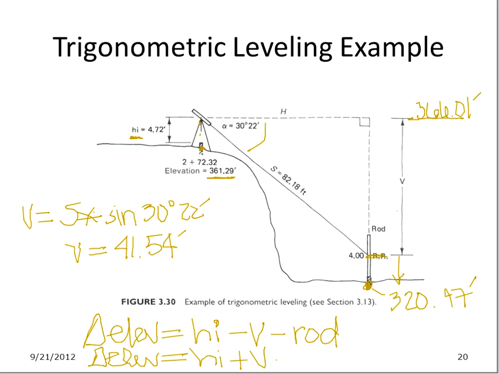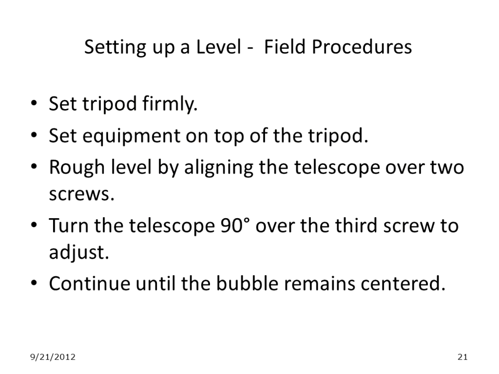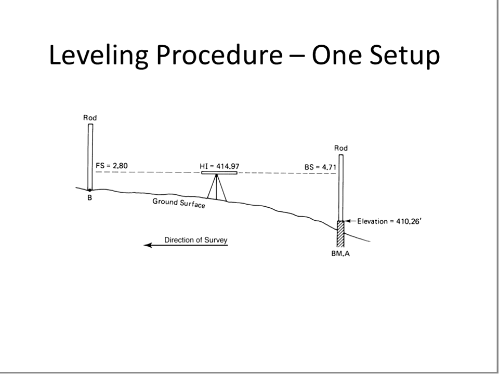It would be the same if you were measuring uphill, except it would be plus v minus the rod. Okay? So your change in elevation with your trigonometric leveling is the height of the instrument plus or minus v minus the rod, depending upon whether you're going uphill or downhill.